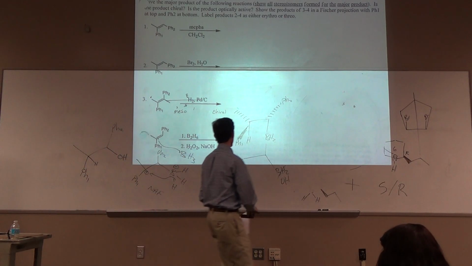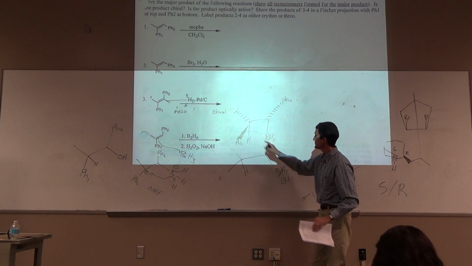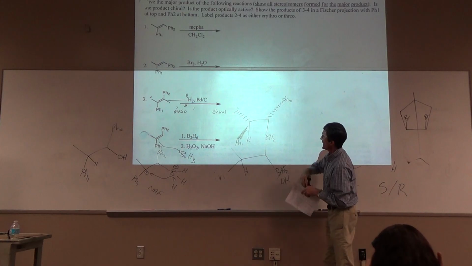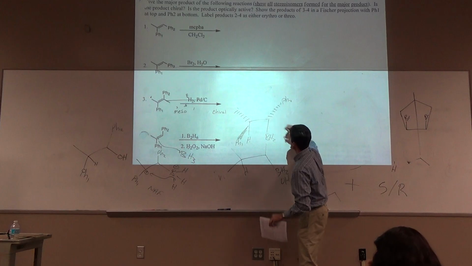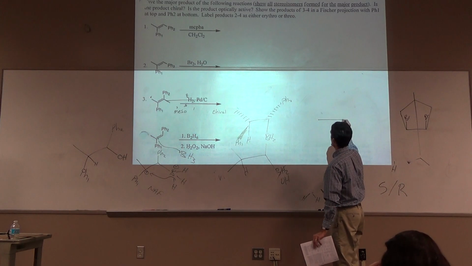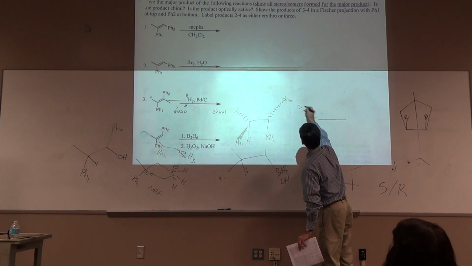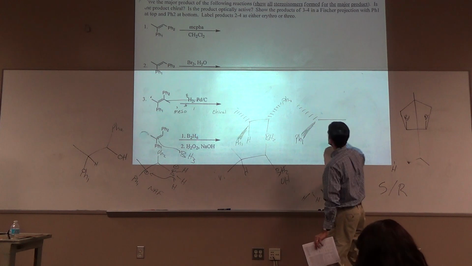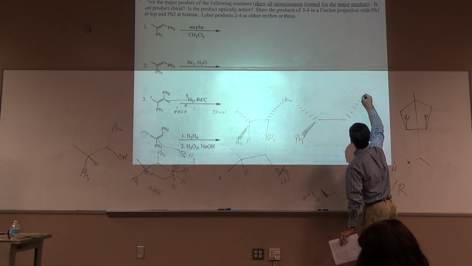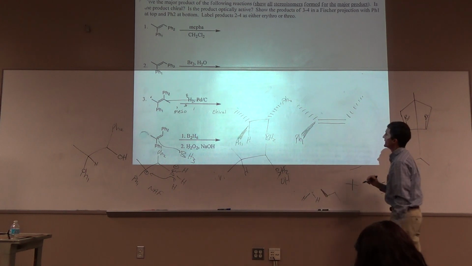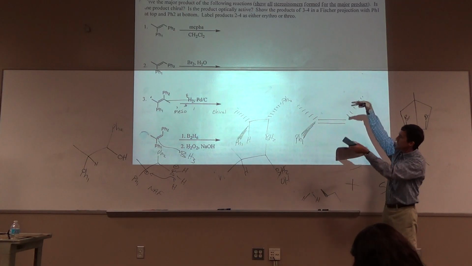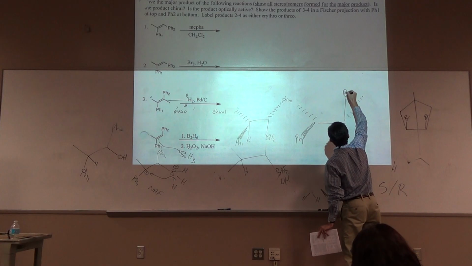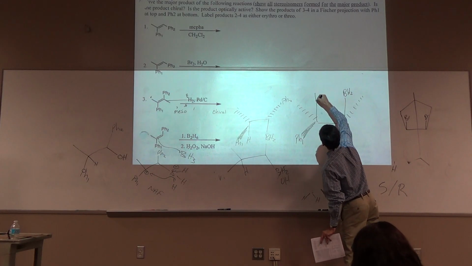And so that's your mechanistic thought. This is a syn hydroboration. But this can also add from the top. And so we would have a double bond like this. If it came from the top, you'd have a BH2 straight up and an H straight up.